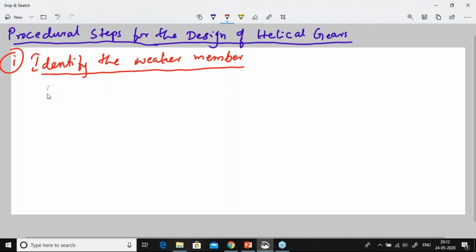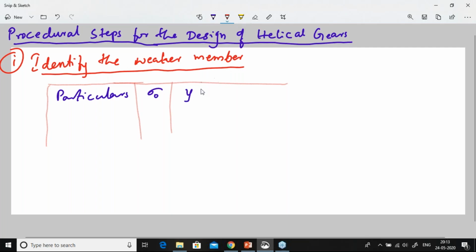To identify the weaker member, first we have to draw a tabular column. The first column is particulars. Next sigma naught, y, sigma naught into y, and remarks.